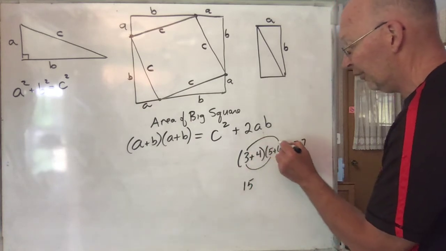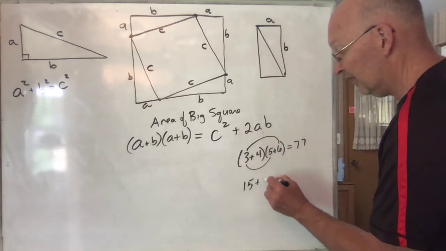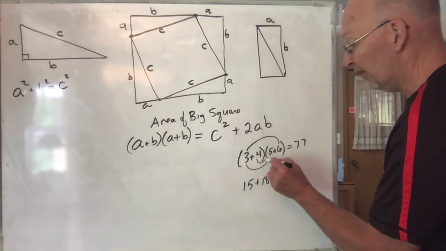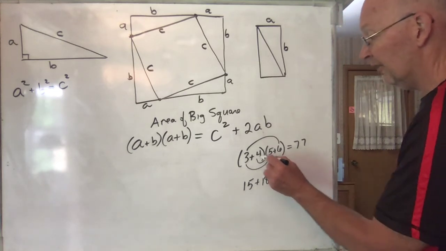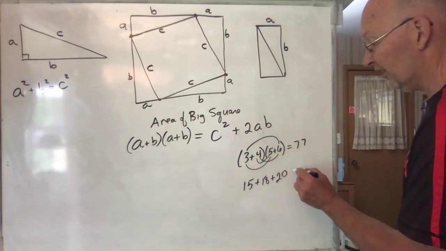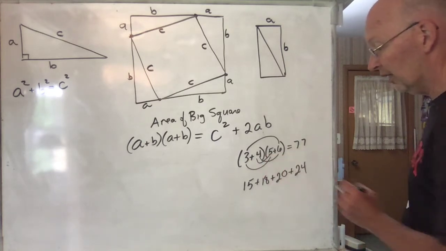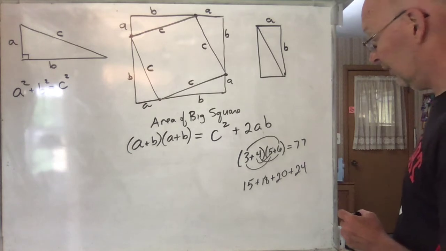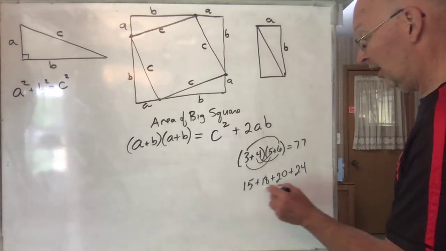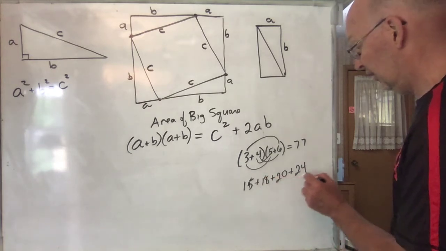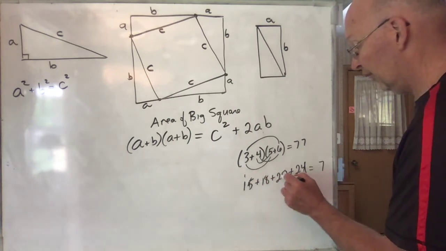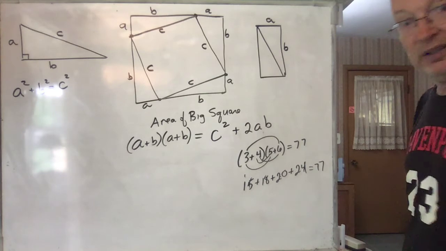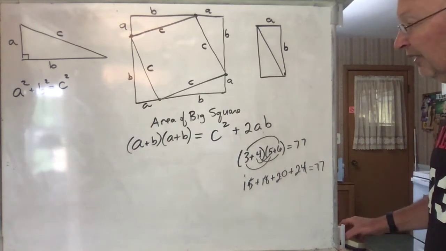You multiply the 3 times the 6, that gives you 18. You multiply the 4 times the 5, that gives you 20. And you finally multiply the 4 times the 6, which gives you 24. And if you add all those up, what do you get? You get 13 plus 4 is 17. Carry the 1. 1, 2, 3, 4, 5, 6, 7. 77. See that? So you get the same thing either way.